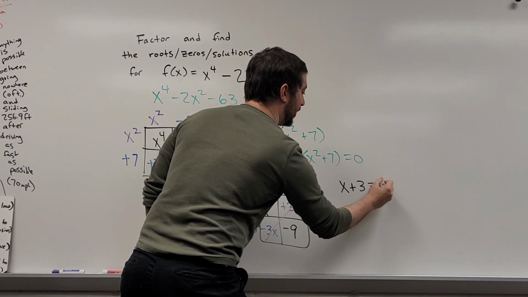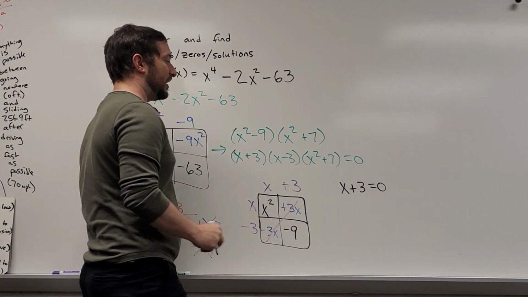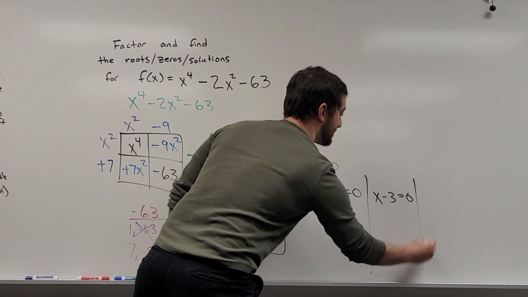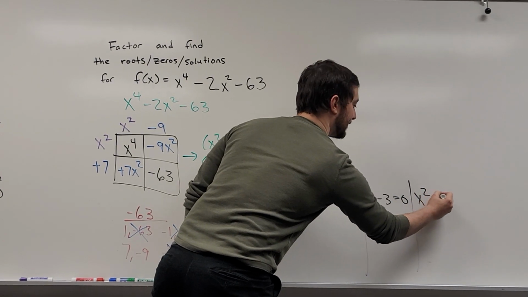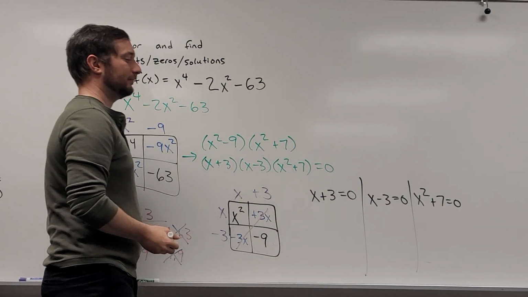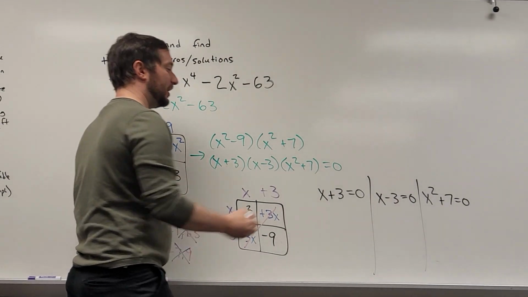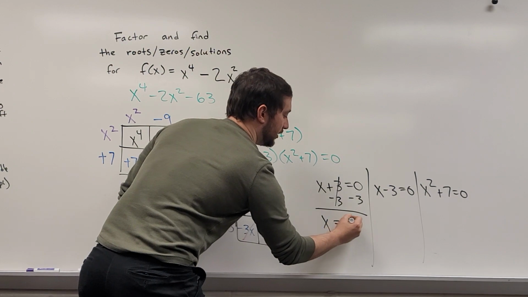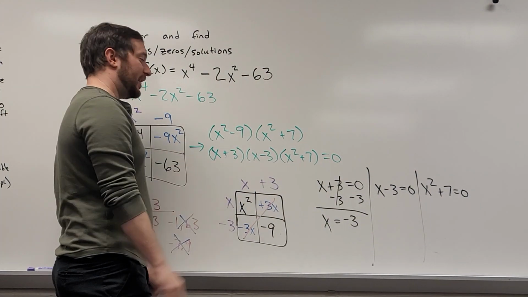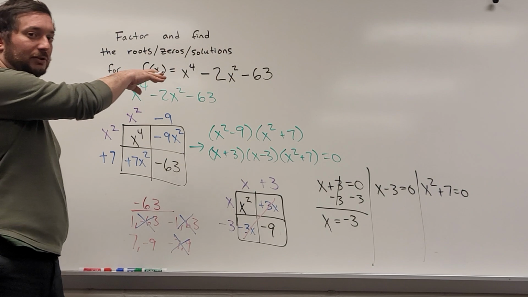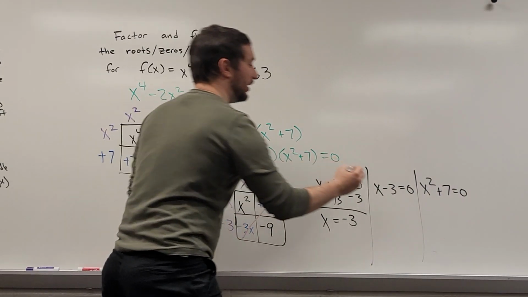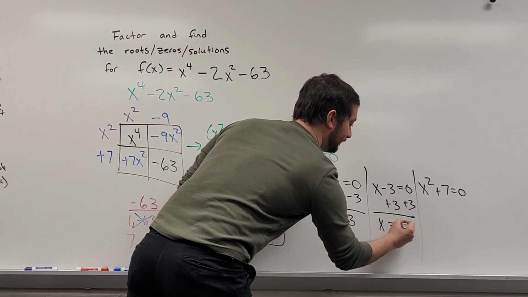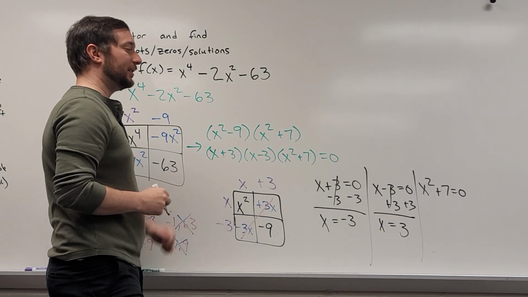Now in some cases these all might be real, in some cases you might have non-real solutions, so we have to watch out for that. Opposite operations, move numbers from one side to the other. That's a real solution that does not have i, that will show up on the graph of this original function as an x-intercept. Likewise, with this root, zero, or solution, negative 3 and positive 3.